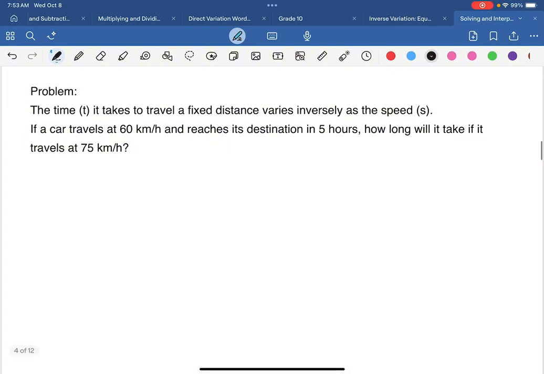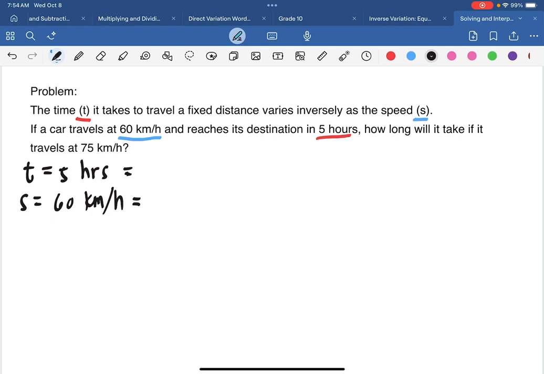Here we are already given the time, or the variable t, for 5 hours, and speed s for 60 kilometers per hour. So t is equal to 5 hours and s is 60 kilometers per hour.